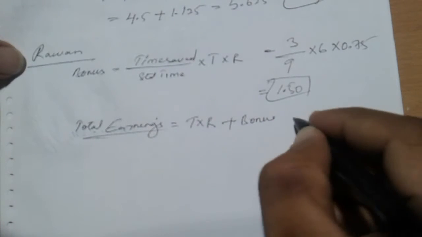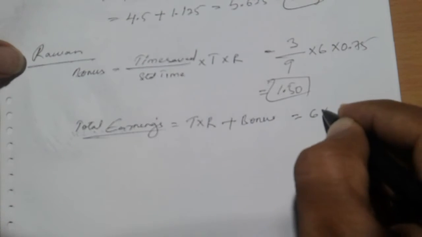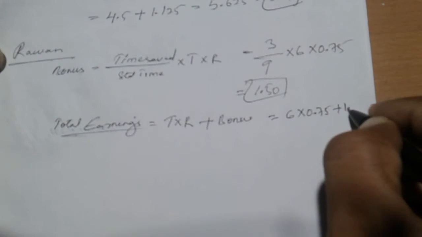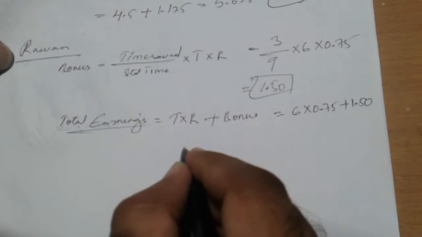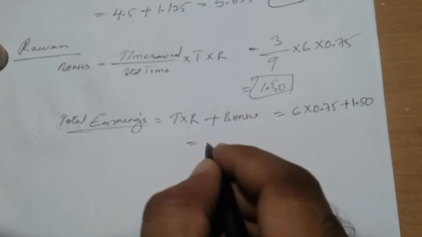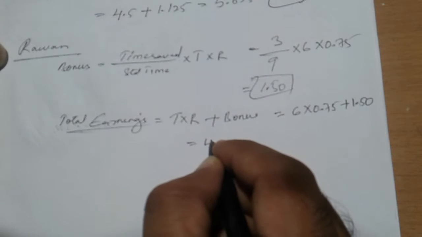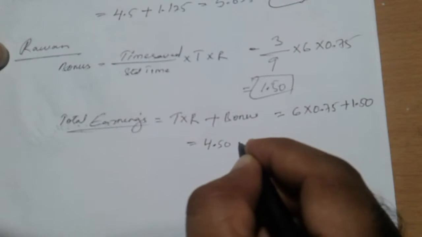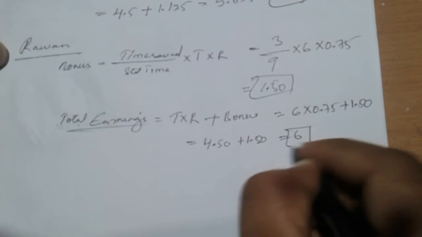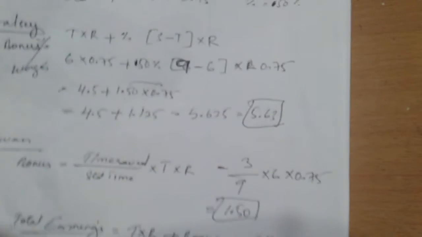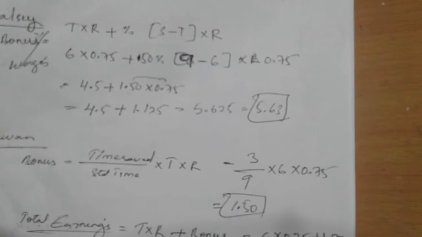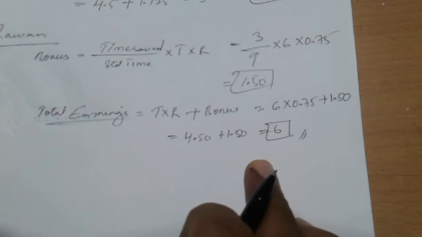Time taken is 6, R is 0.75, bonus is 1.50. 6 multiplied by 0.75 gives 4.50 plus 1.50, overall 6. If you calculate by Halsey, total wages is 5.63. Total earnings by Rowan is 6.